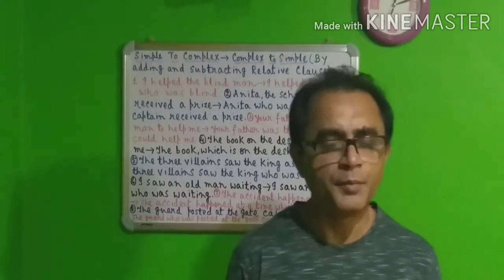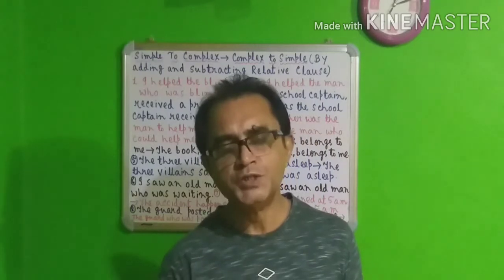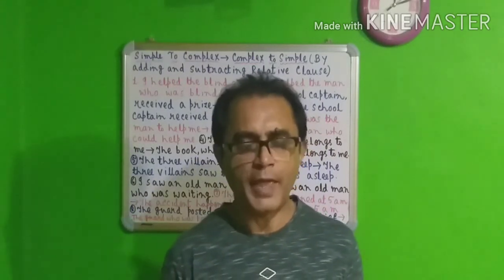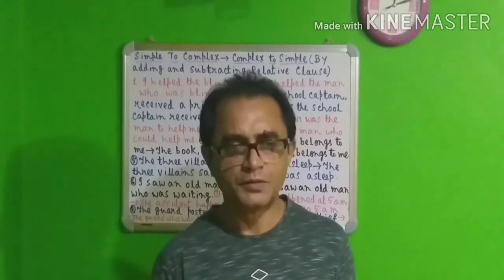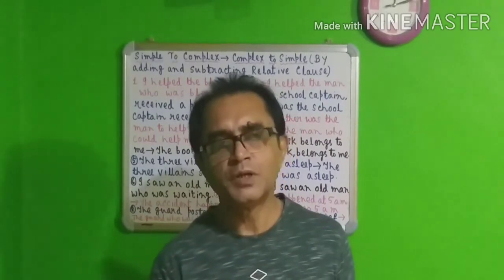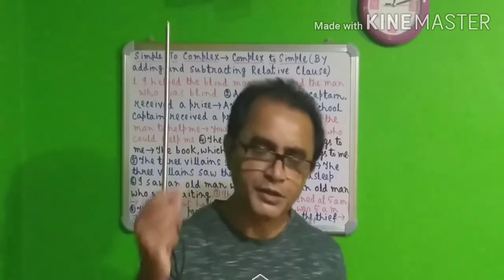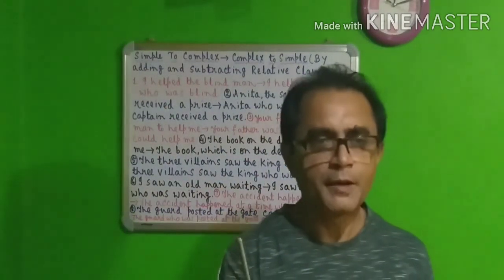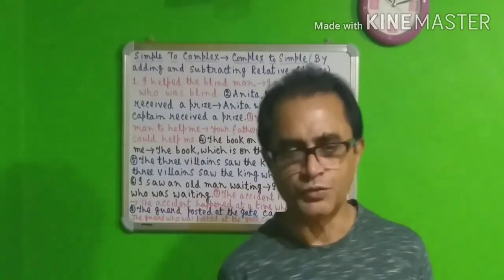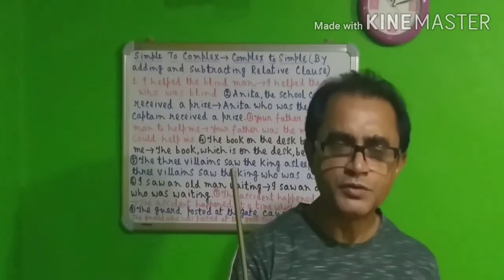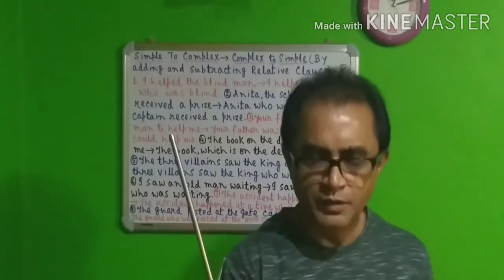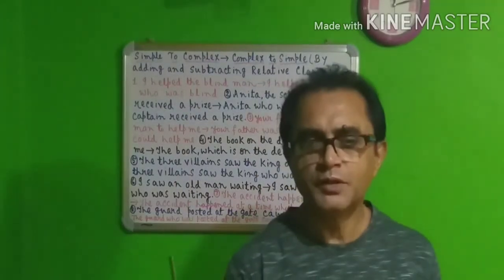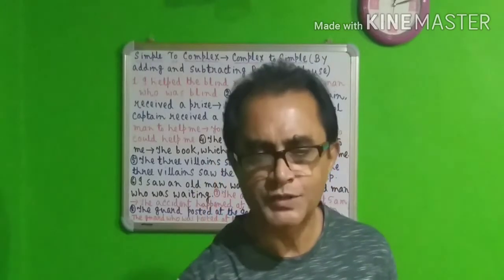So today we have explained changing sentences from simple to complex and complex to simple, by adding and subtracting relative clauses in the sentence, and sometimes by removing them also. If you add a relative clause in a proper way without disturbing its basic meaning, it will become a complex sentence.